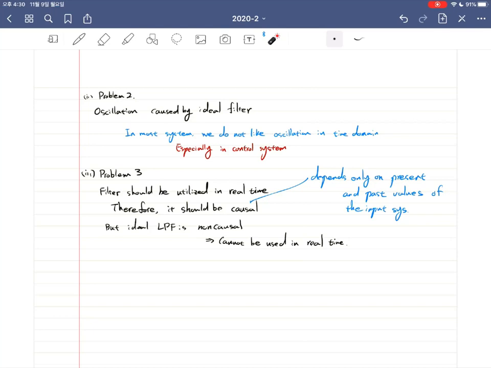So with these three problems, practically the ideal LPF is not used, and people started to approximate it.